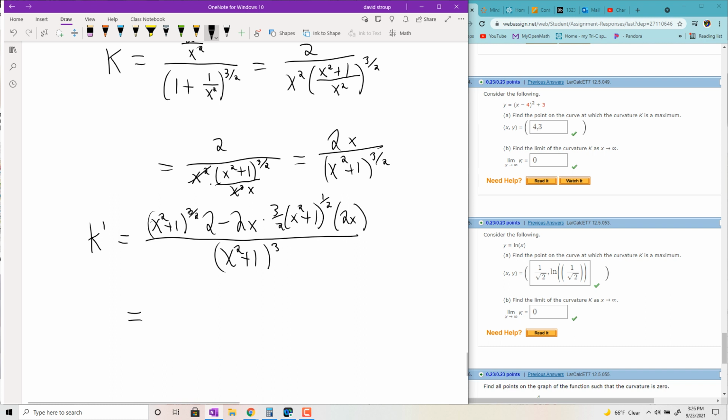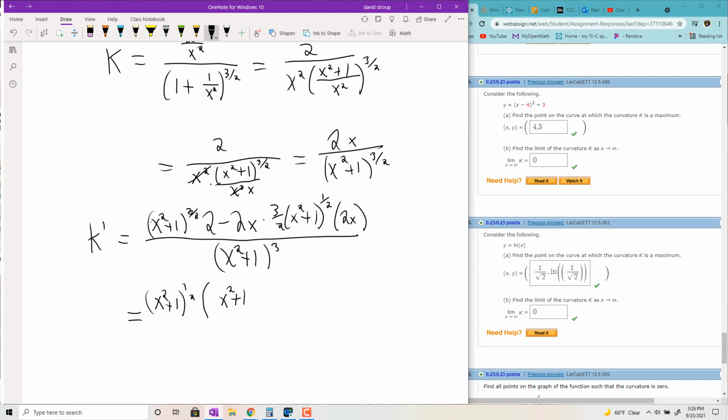We can factor out x squared plus 1 to the 1 half. I don't see how much help that's going to do for us. Well, let's try it. So x squared plus 1 to the 3/2 is going to leave us with x squared plus 1 to the 1/2 here.